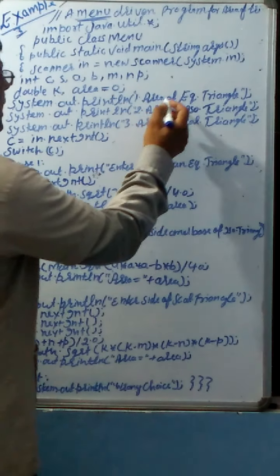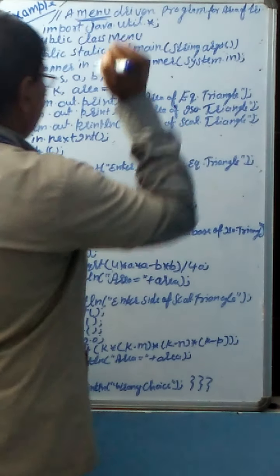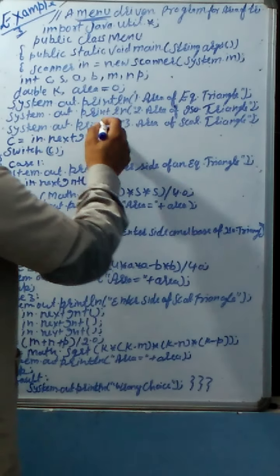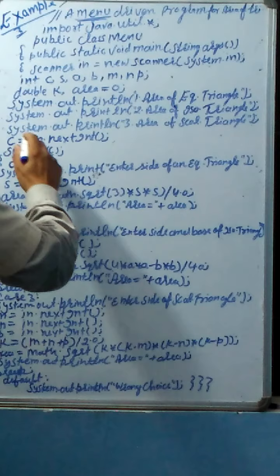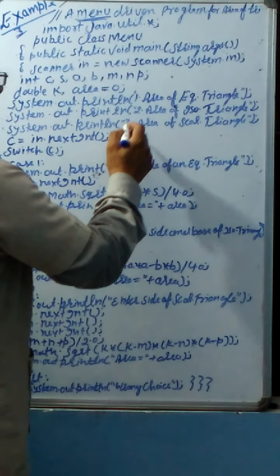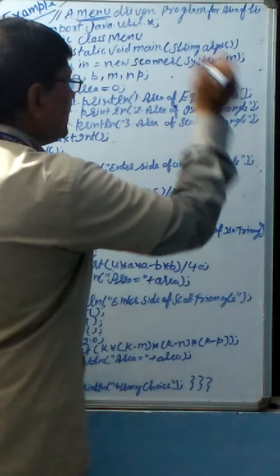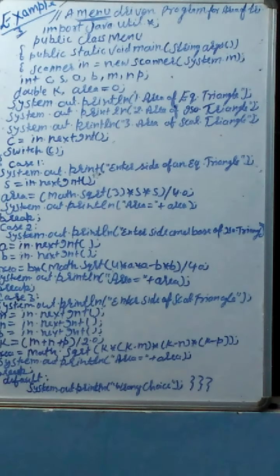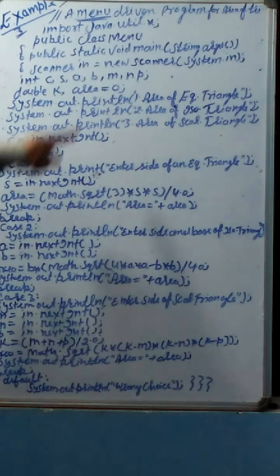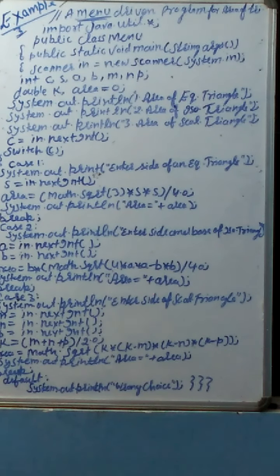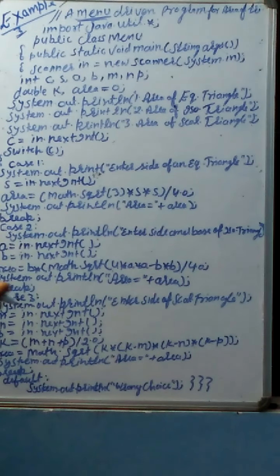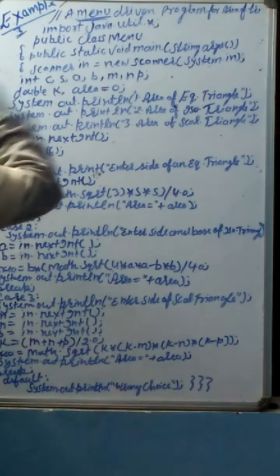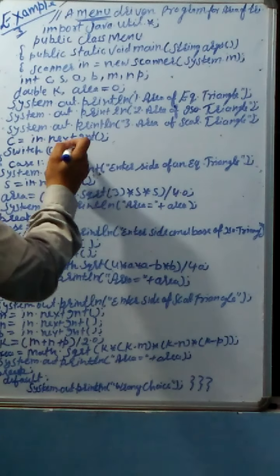One for area of equilateral triangle, then System.out.println 2 for area of isosceles triangle, System.out.println 3 for area of scalene triangle. So we have to write the menu also. Now we will input the value of the menu. We have to define here c. c is equal to in.nextInt function.